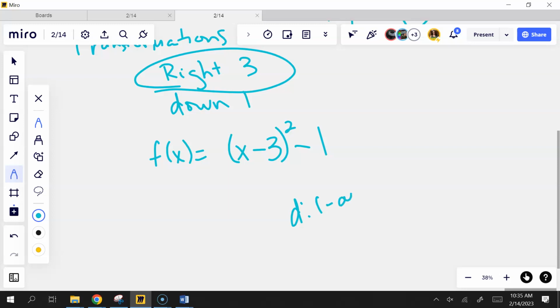Negative infinity to infinity. No matter how you slide these graphs, that should be your domain, period, for every one of them. The range is the only thing that's going to be a little different. What's the range? There you go.